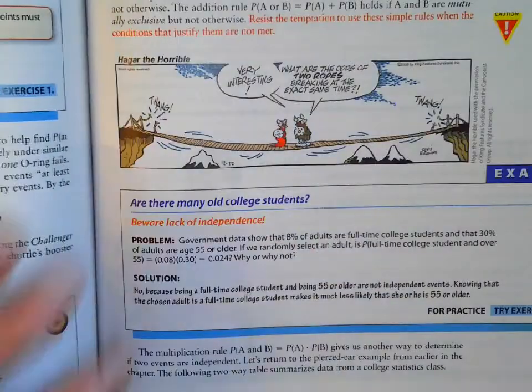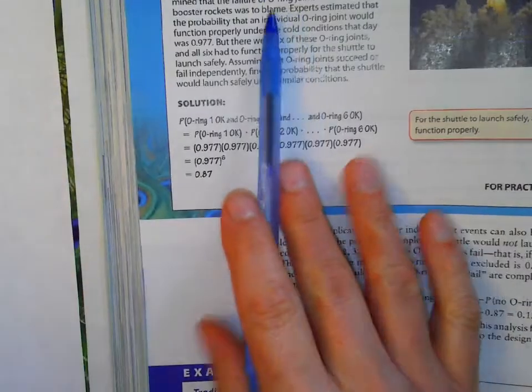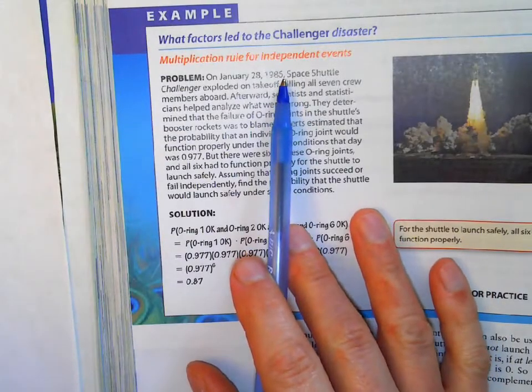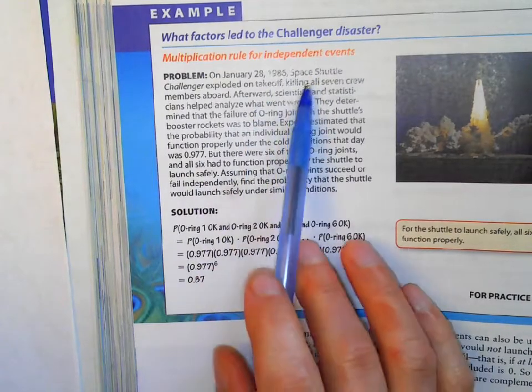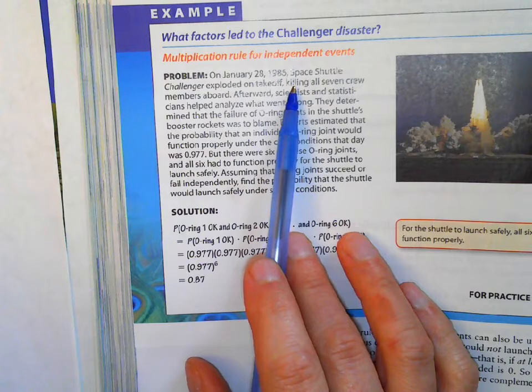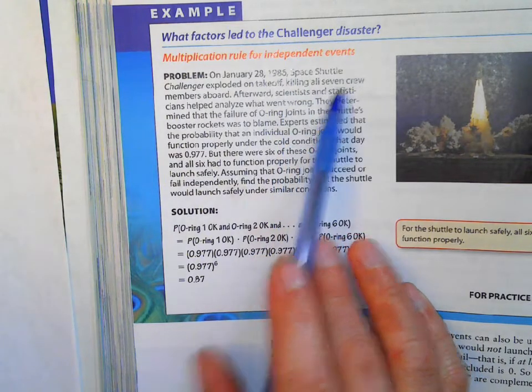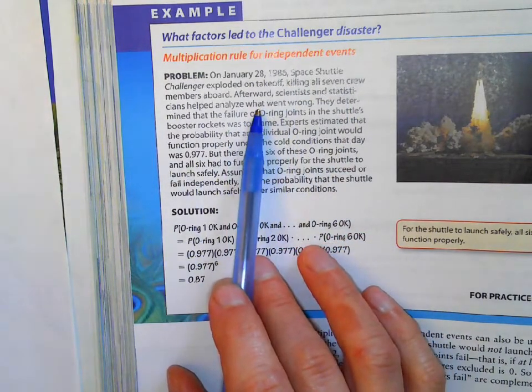Okay, now this is kind of an interesting problem. On January 28, 1986, I was in 5th grade, and I was sitting on the floor, and we were watching a TV of the space shuttle taking off, the Space Shuttle Challenger, and it exploded upon takeoff. I remember that very vividly. It killed all 7 crew members aboard. Afterwards, scientists and statisticians helped analyze what went wrong.